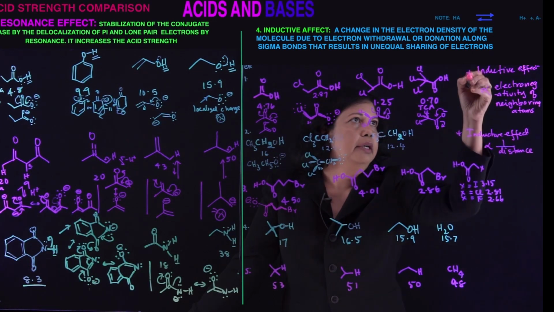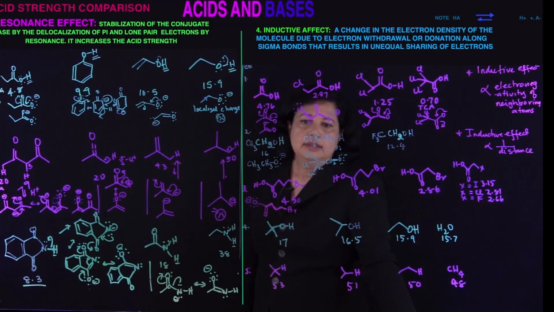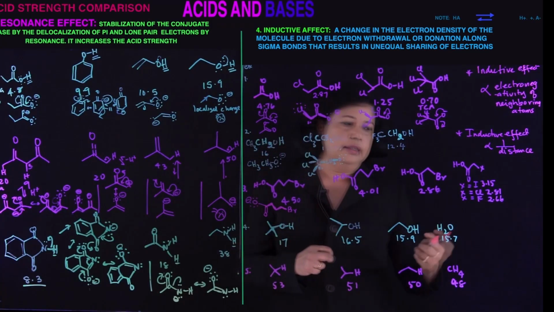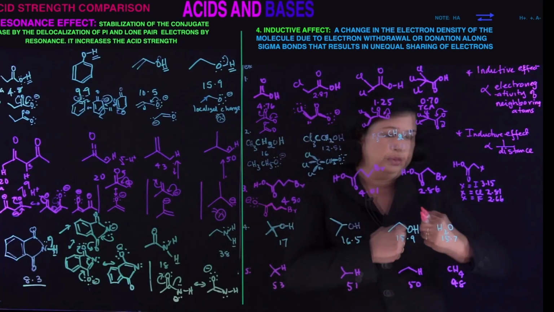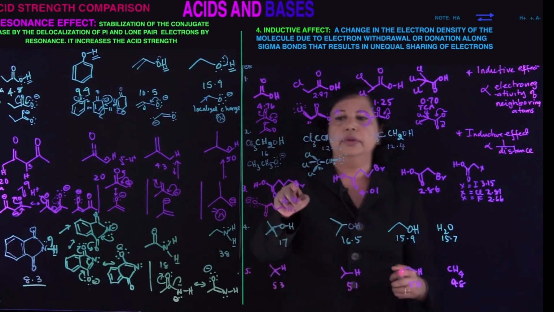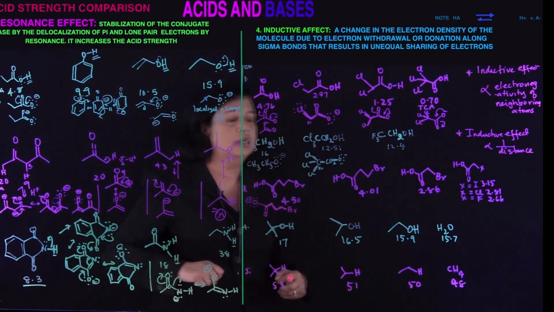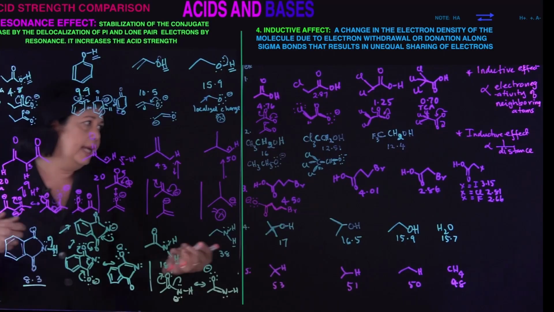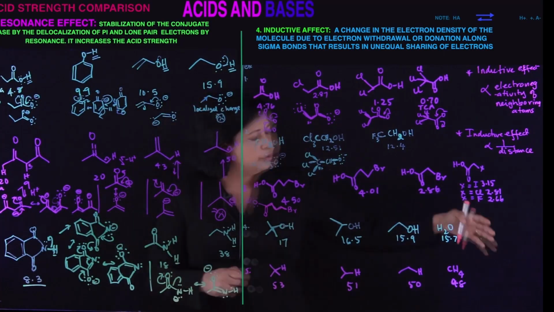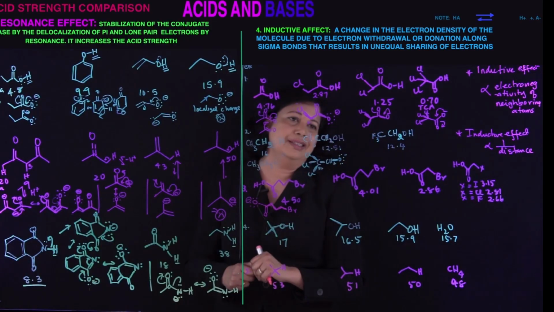So 2 things about inductive effect. It's almost like a tug of war. So you have a guy in the very front, who's big and strong, you can just yank over the whole group. But if the big and strong guy or gal is at the very end, then they have to pull the string, and everybody's got to pull the string, and then it's going to have an effect.